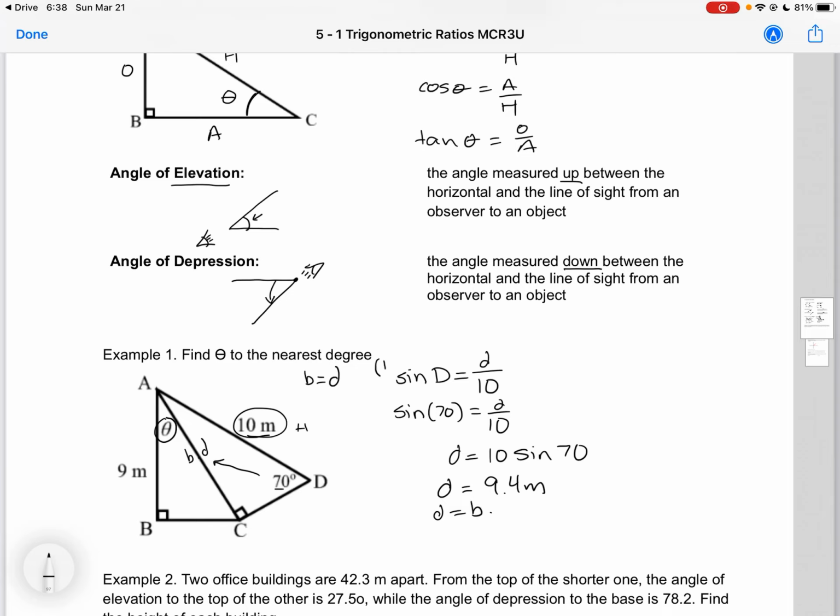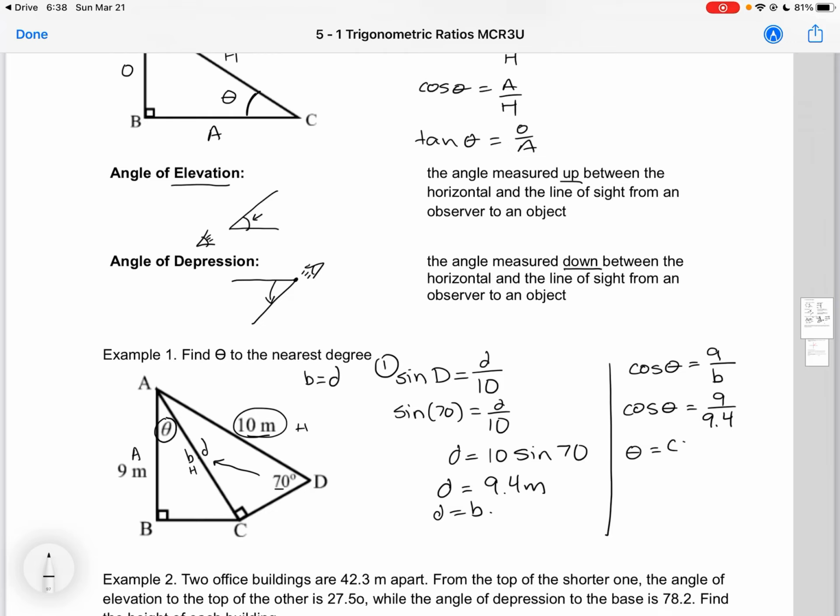So now I can move on to my second step, which is using my second triangle. So looking at my theta, which is in A, my adjacent side would be the 9 meters and my hypotenuse would be B. So I'm going to use the cosine of angle theta is my adjacent side over my hypotenuse, which is B or D. And then cosine theta is 9 over 9.4.